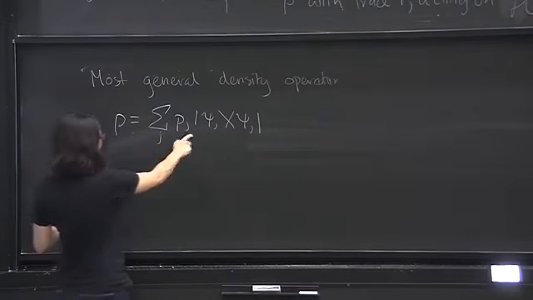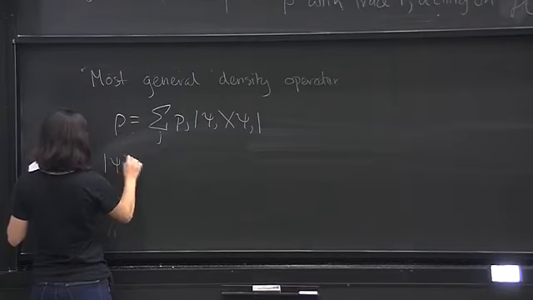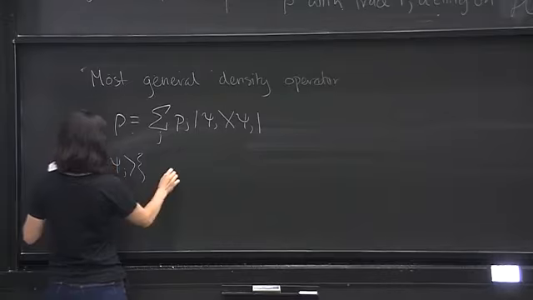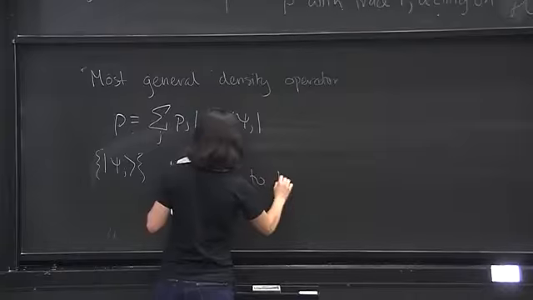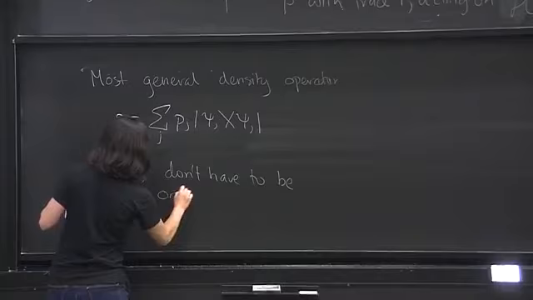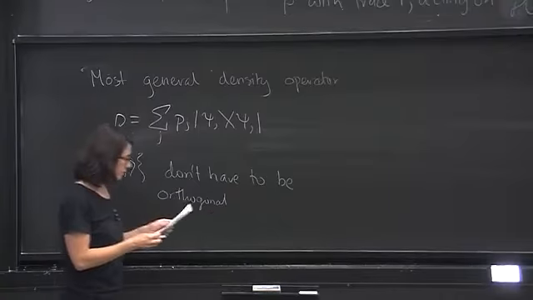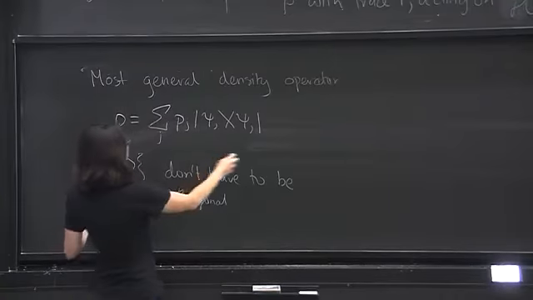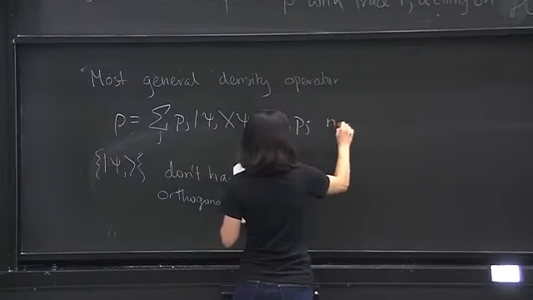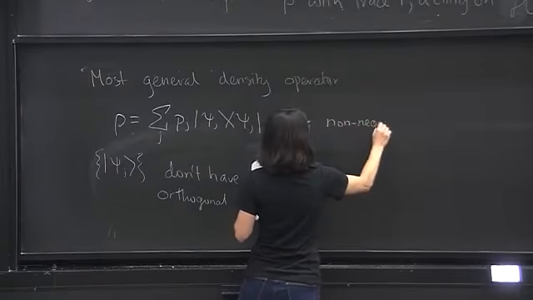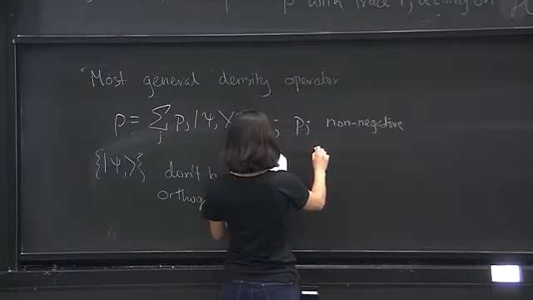But these don't have to be orthogonal. So these can be any states. And the numbers pj are non-negative, and they sum to 1.